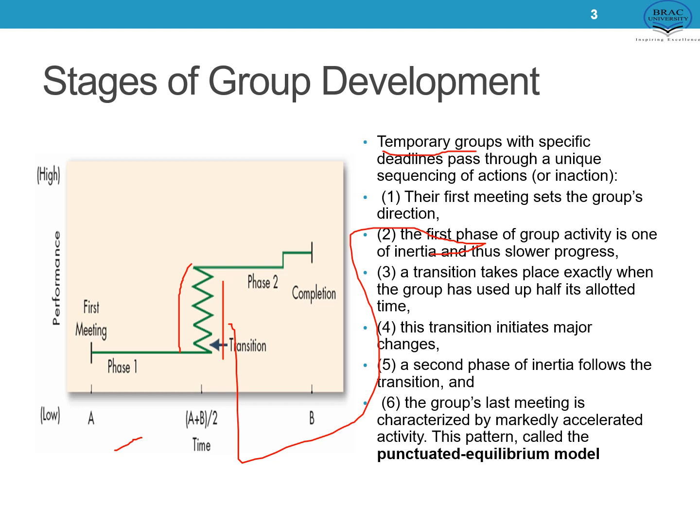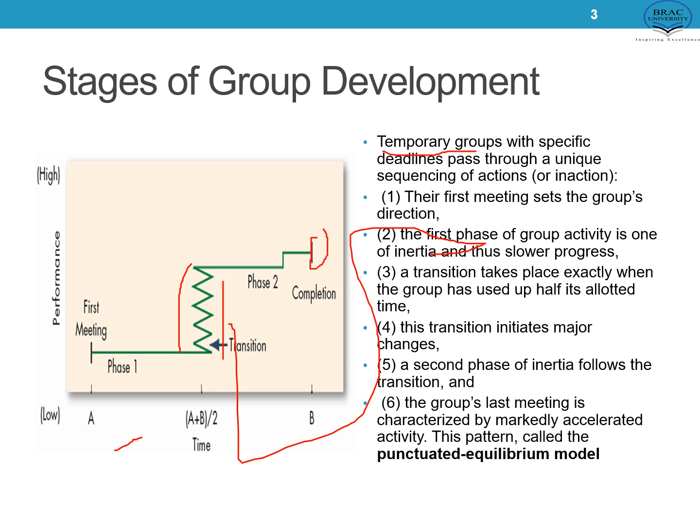Then this period is called the transition, and after that transition, the actual activity takes place, and with that force, the group reaches its deadline, which is the completion.